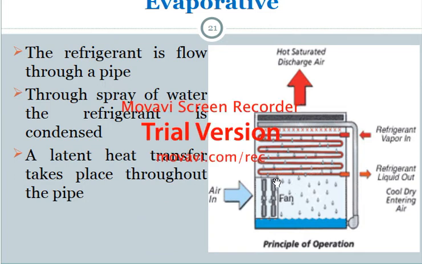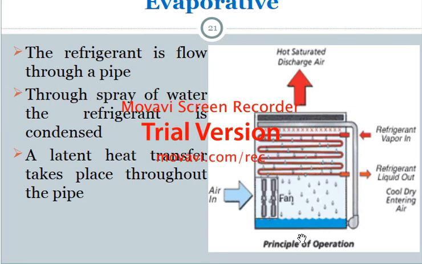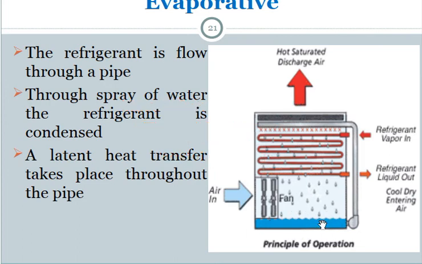From this, we can cool the refrigerant inside the tube, and the water is supplied from the upper side down to what we call the bottom.